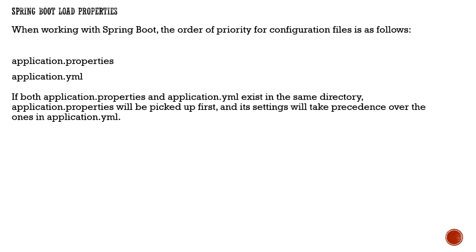For your information, if you have both application.properties and the YML existing in the same resource directory, then application.properties is going to be picked up first by Spring Boot, right? And then it is going to take precedence and override your application.yml. So I hope you are clear that if you have two files, one application.properties and one application.yml, whatever properties you have there will be overridden by the application.properties.